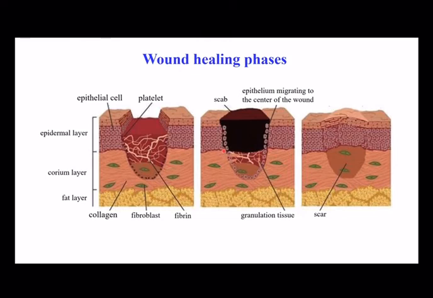The basal cells, here at the edge of the wound, begin to proliferate and migrate to the center of the wound, just underneath the scab, forming a single layer of epithelium covering the surface of granulation tissue.